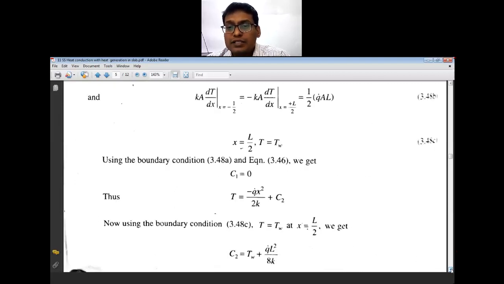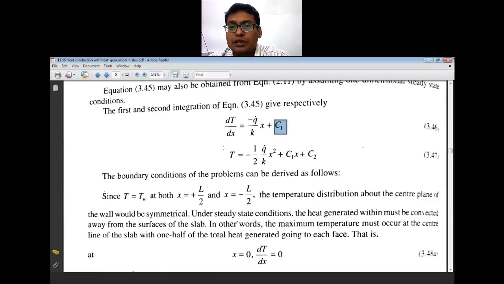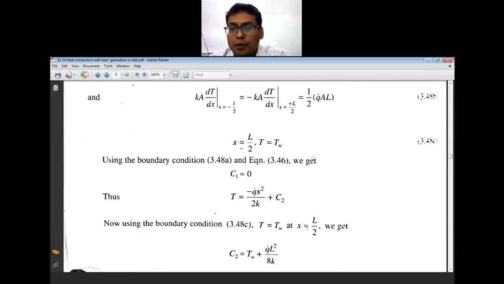Then combining C1, which is equal to 0, and C2, which is equal to Tw plus q dot L square upon 8k, into this concerned equation. I have made C1 zero and put in the value of C2, so that I will be able to calculate the temperature T in terms of x, with C2 incorporating Tw and q dot L square upon 8k.